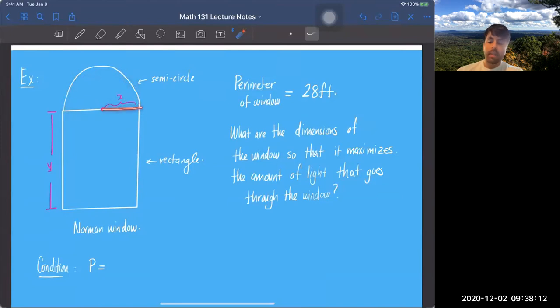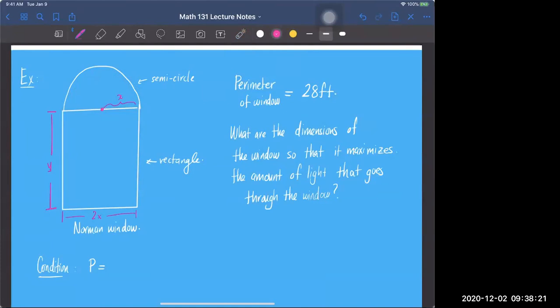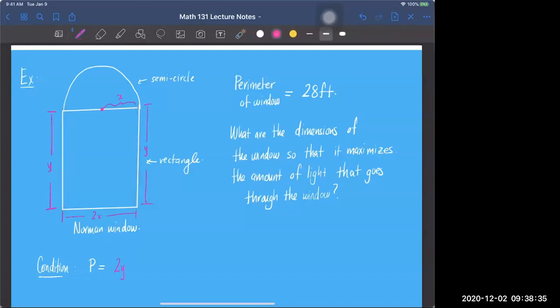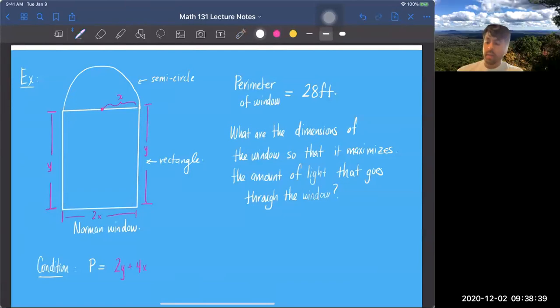If this is x, then this would be twice that, 2x. So the sides give 2y, and then plus 4x, because you've got 2x and 2x.